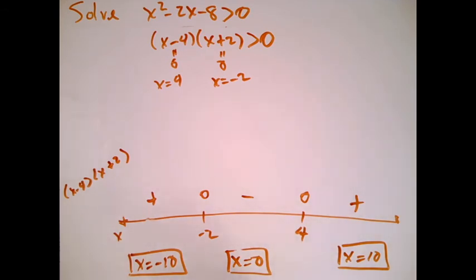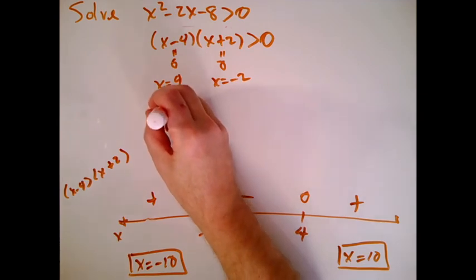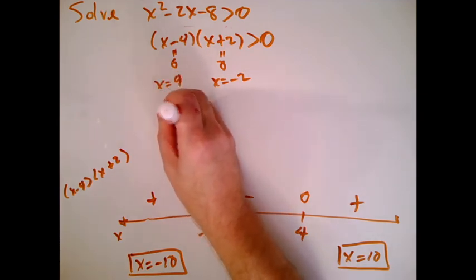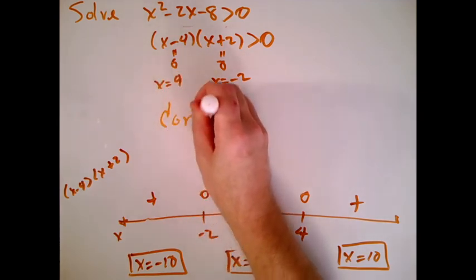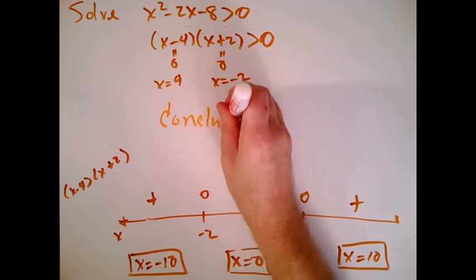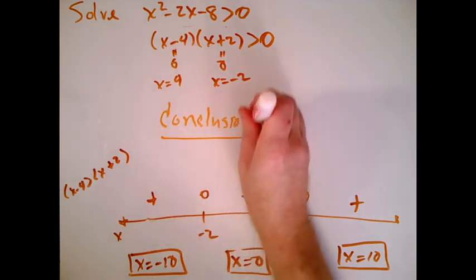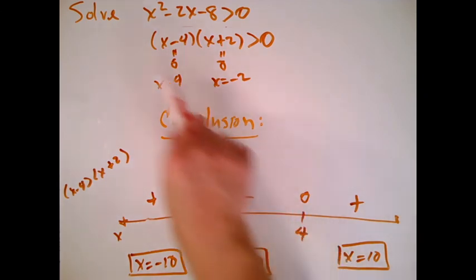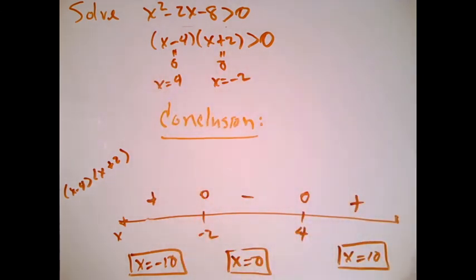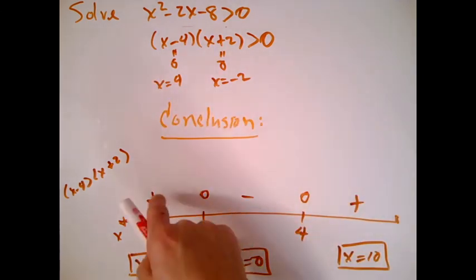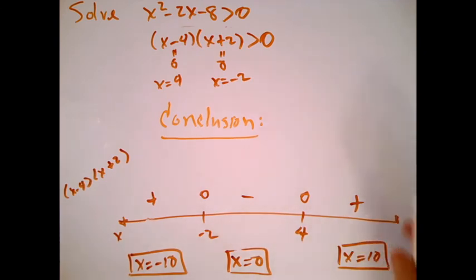We now have enough data to write down the conclusion. I'm going to write down the conclusion in the middle in orange. So I'm going to say conclusion. What are we looking for? We want the places where the polynomial is positive. Well, the polynomial is positive way out here and way out here. How do I describe these numbers out here?